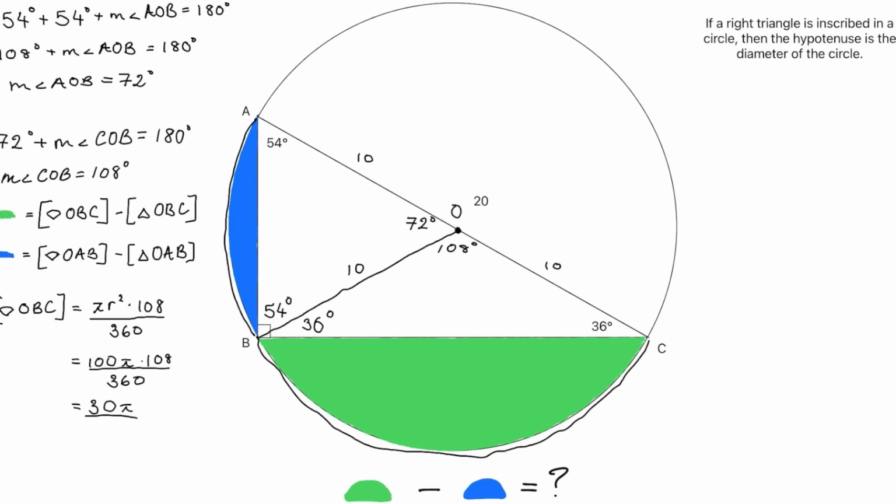Now let's do the same for sector OAB. Once again, the formula for the area of a full circle is pi times the radius squared. And out of the total 360 degrees, we are taking only 72. So for this sector, we need to multiply by 72 over 360.